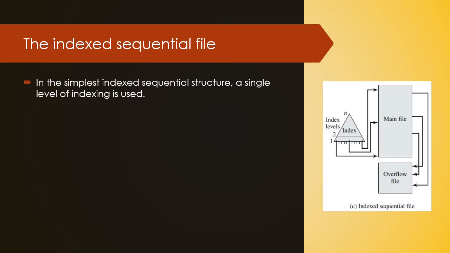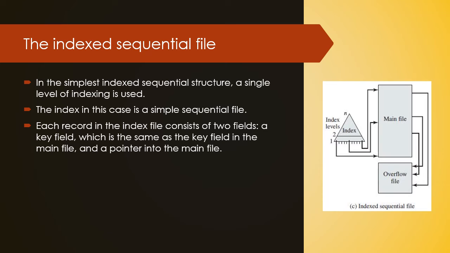In the simplest indexed sequential structure, a single level of indexing is used. The index in this case is a simple sequential file. Each record in the index file consists of two fields: a key field, which is the same as the key field in the main file, and a pointer into the main file.